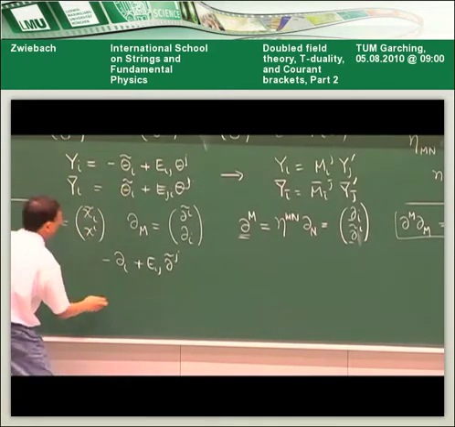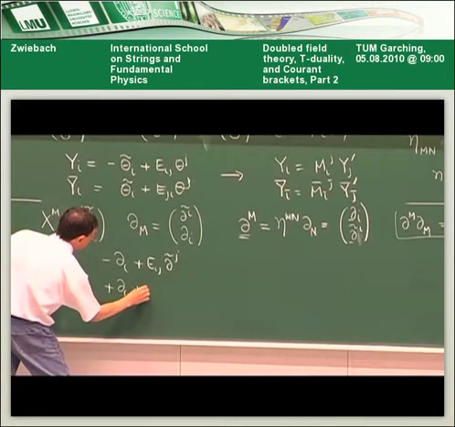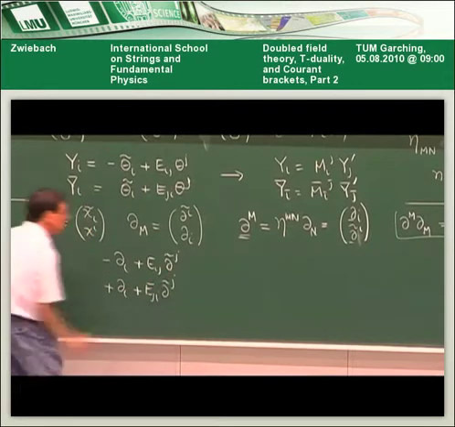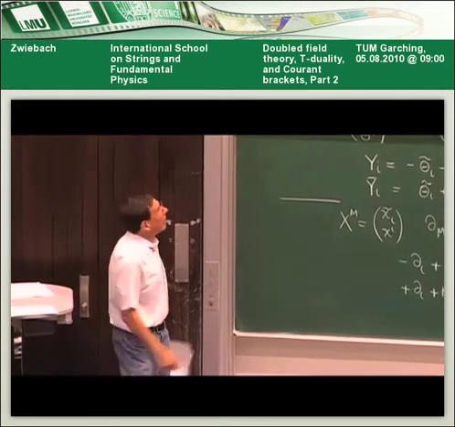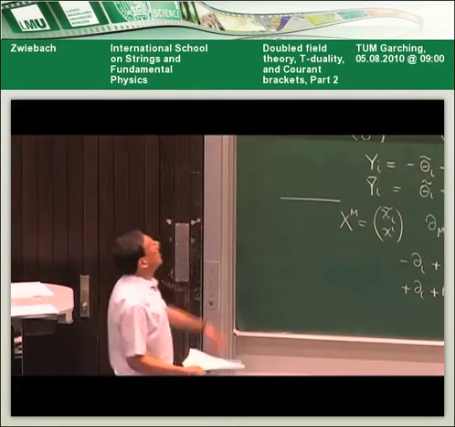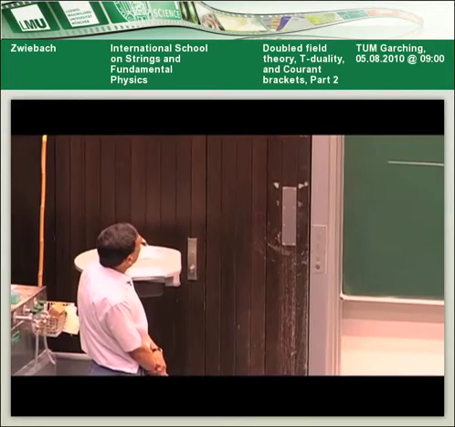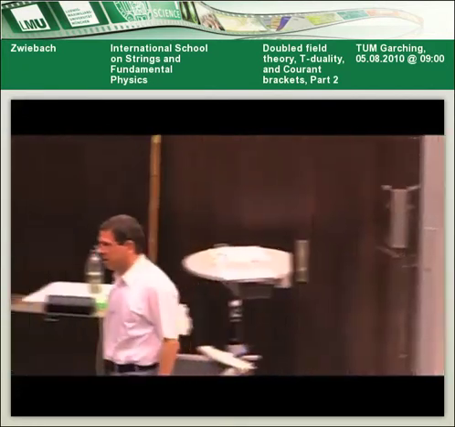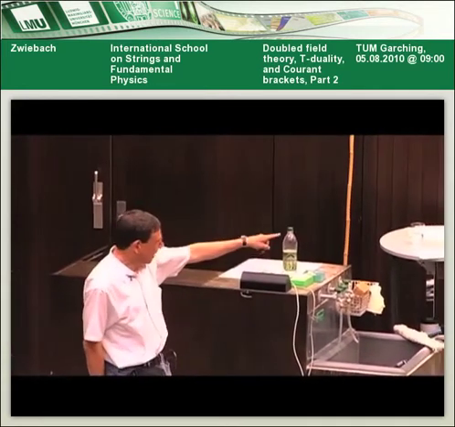And this one is plus di plus eji d tilde j. That should also be a nice object. But what are those? These are our derivatives. So our derivatives that came from string theory, they were clever enough. They are nice objects.